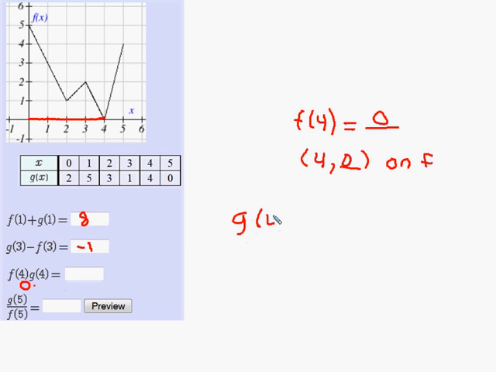So g of 4, since g is a graph, I just have to make sure I'm looking at the right one. Now, in this particular example, you can't get it wrong because of the way the 4s are lined up. But just to be sure you make sense of this, because the 4 is in the parentheses, and in general we put the input in the parentheses, I'm looking for the 4 in the chart that appears as an input.